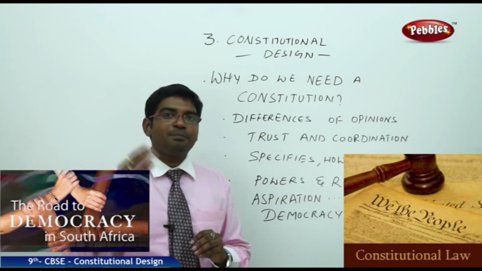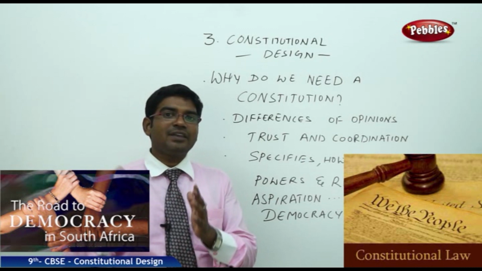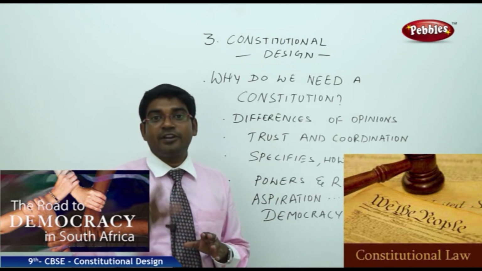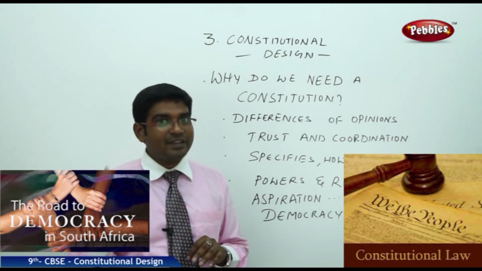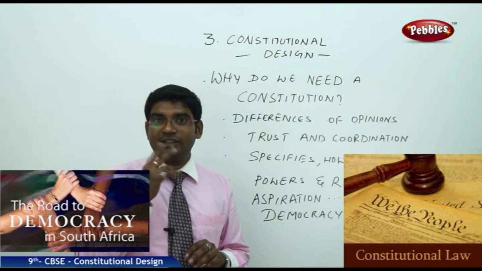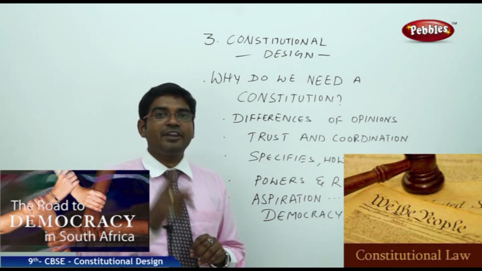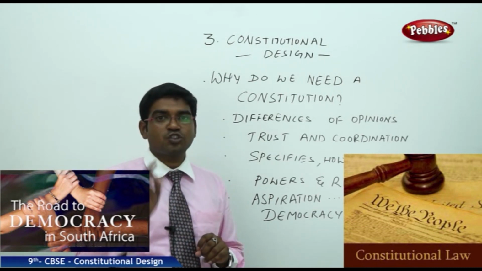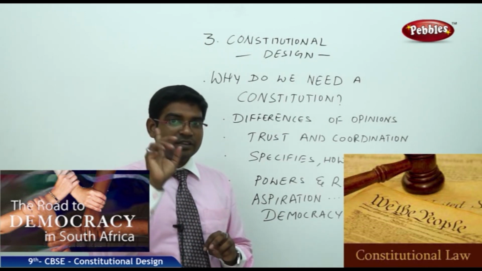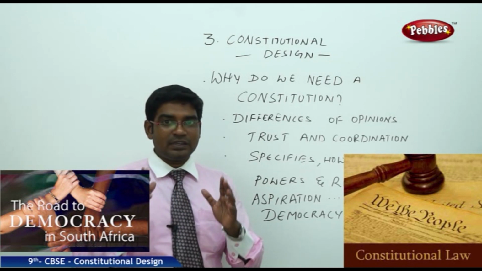It has become a principle that whenever we establish a democratic government, they would have a constitution in place. But wherever there is a constitution, it's not necessary that there would be a democratic government there.